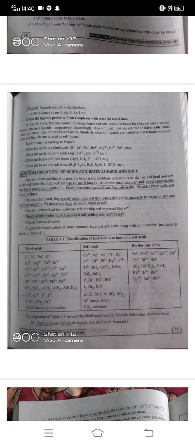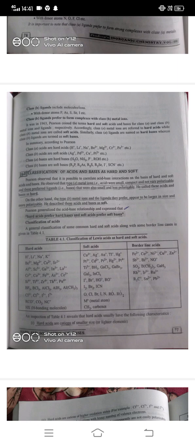Similarly, class A ligands are named hard bases whereas class B ligands are termed soft bases. In summary, according to Pearson, class A acids are hard acids, class B acids are soft acids, class A bases are hard bases, class B bases are soft bases.